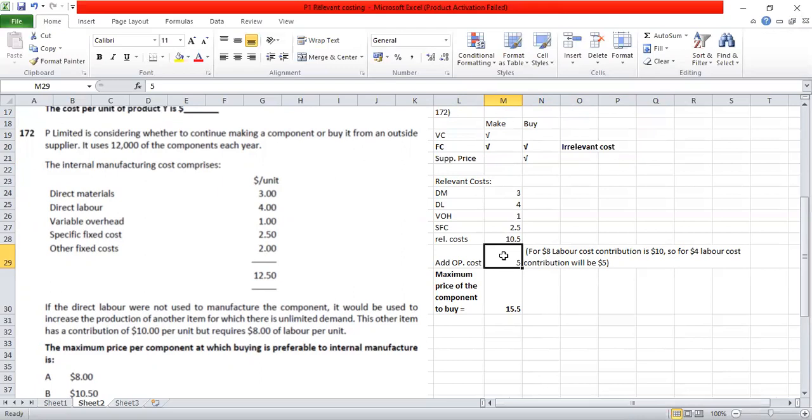Contribution is possible only when they divert the labor cost. When will they divert the labor cost? When they do not make it. So right now, what they are not being able to enjoy is foregone revenue, which is a cost for them. On that note, it is an opportunity cost, so that has to be added. That's the concept here. Okay, ma'am.